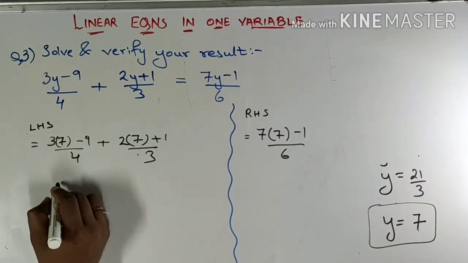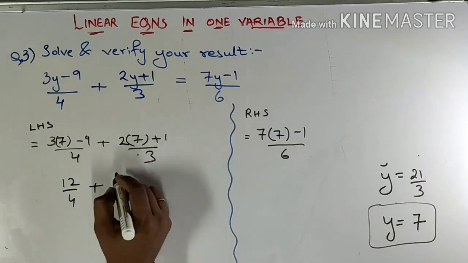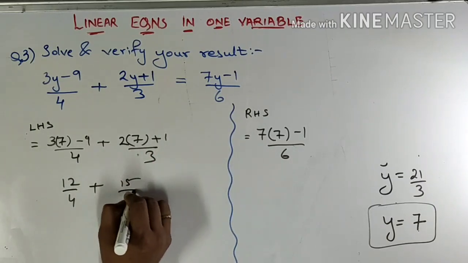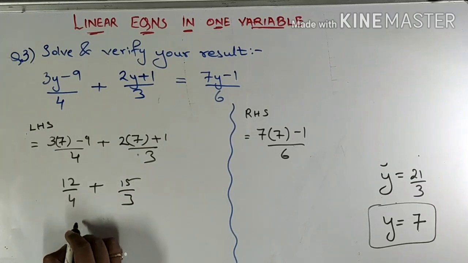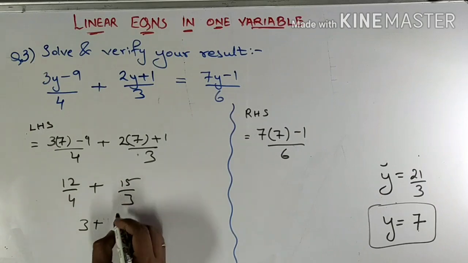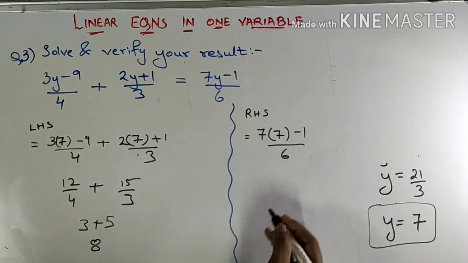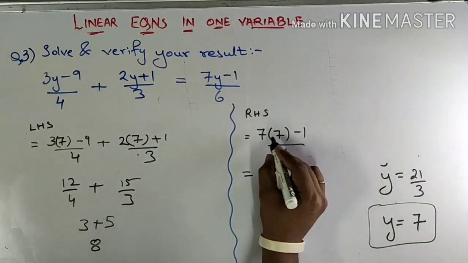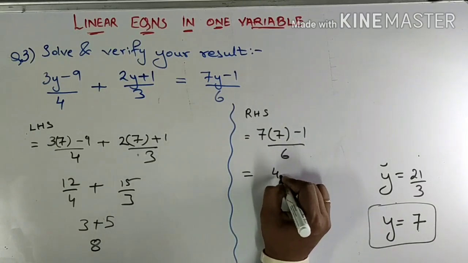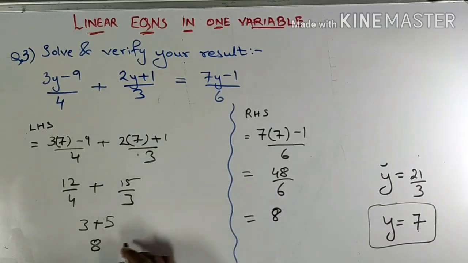So 3 7s are 21 minus 9, 12 by 4, plus 2 7s are 14 plus 1, 15 by 3. So 12 by 4 is 3, plus 15 by 3 is 3 5s are 15, which is nothing but 8. Now let's see whether RHS is 8 or not. 7 7s are 49 minus 1, 48 upon 6. 6 8s are 48. Hence my LHS equals RHS and verified.